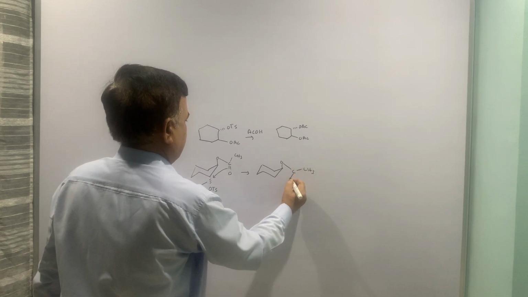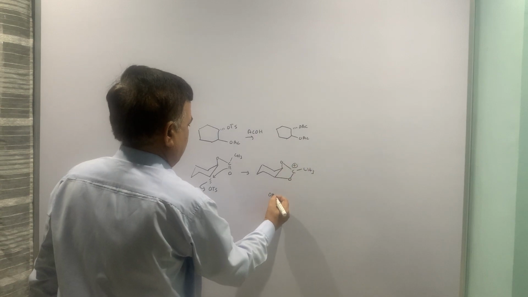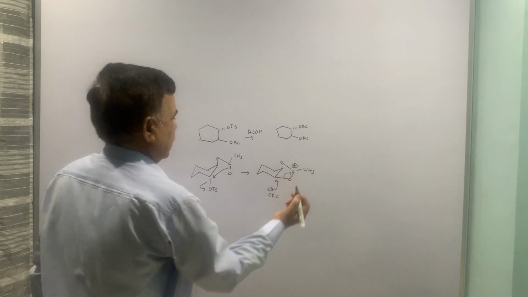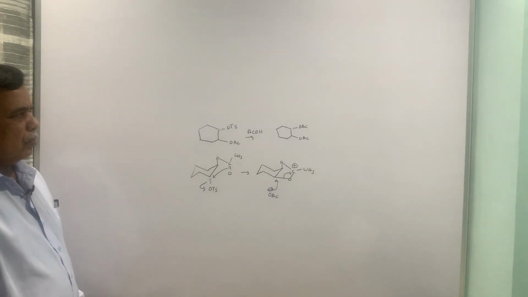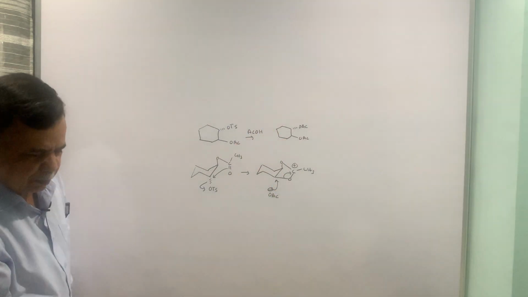OCCH3, this is plus, and now the acyloxy group can approach from the lower side and you can get the relevant product. So OAc is coming from the lower side because the upper side is blocked.